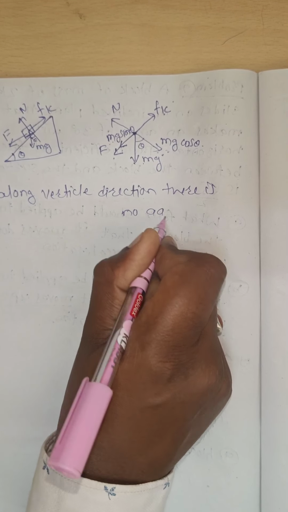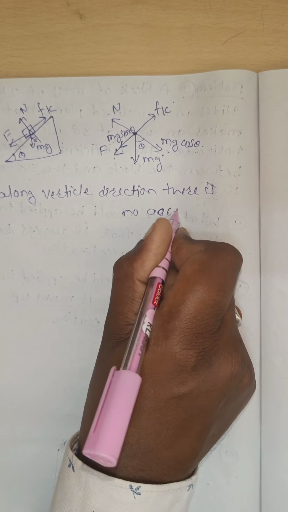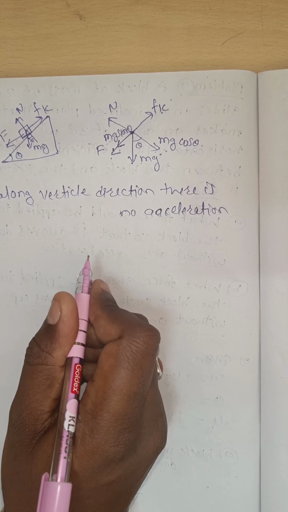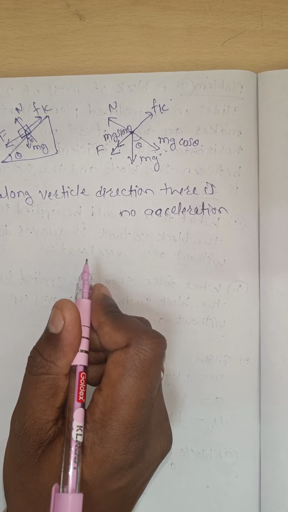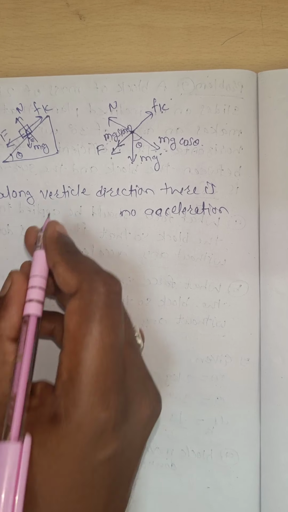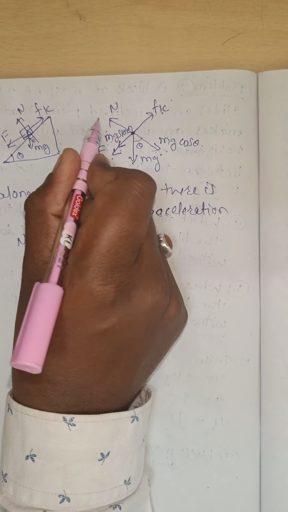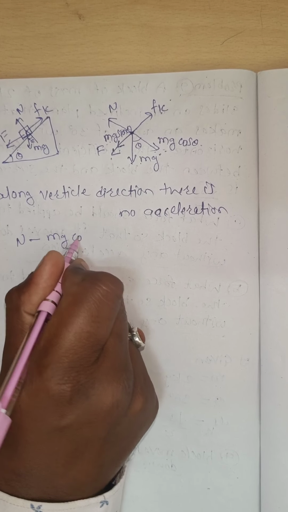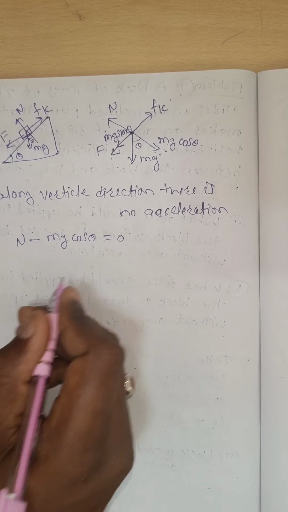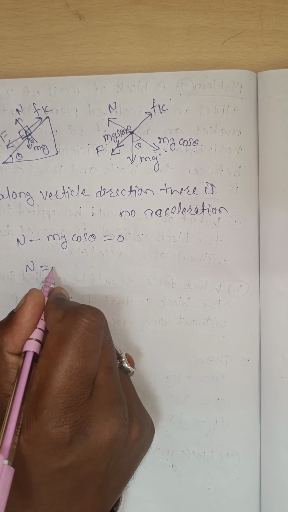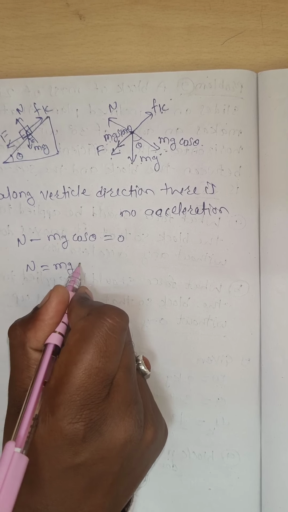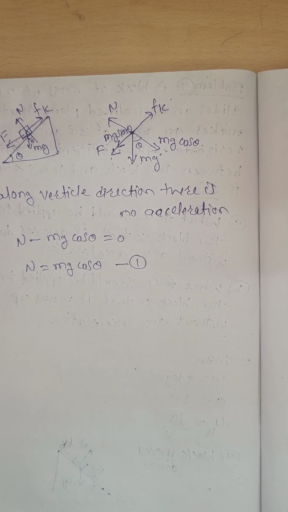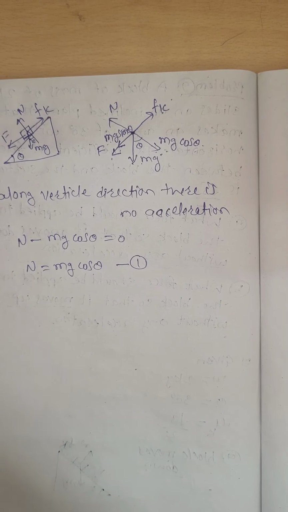By Newton's second law, the net force is equal to 0, so N is upward, therefore N minus mg cos theta is equal to 0. From that, N is equal to mg cos theta. We write this as equation number 1.